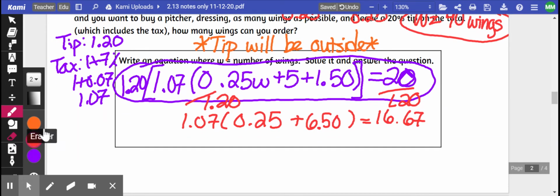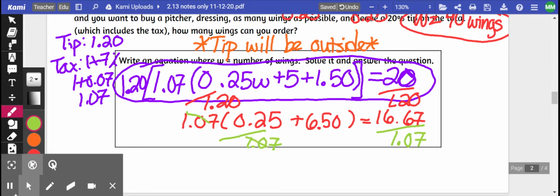The next thing that is multiplied with everything is the 1.07. So now I'm going to take 16.67 divided by 1.07.